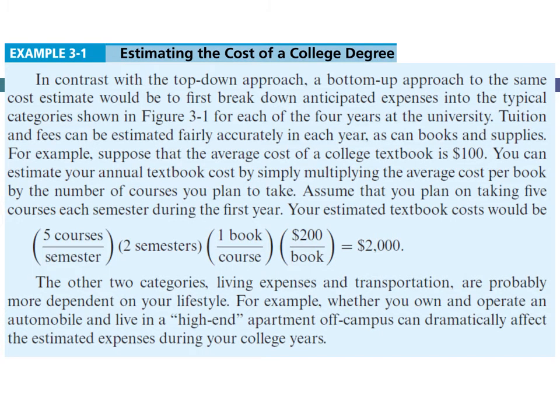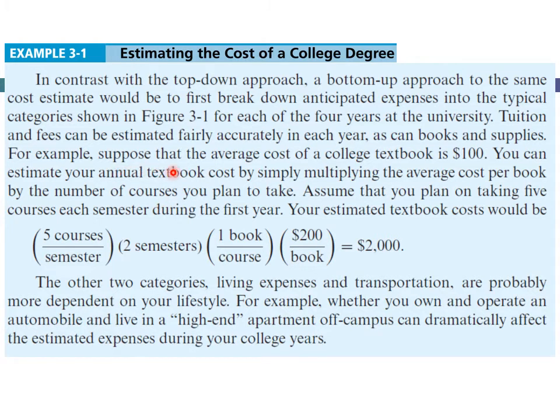Now, in this bottom-up approach, we said that we need to break down all the costs into smaller subunits, and then we need to estimate their values and then add them up to obtain the overall cost. Then how can we estimate the cost for these smaller subunits?